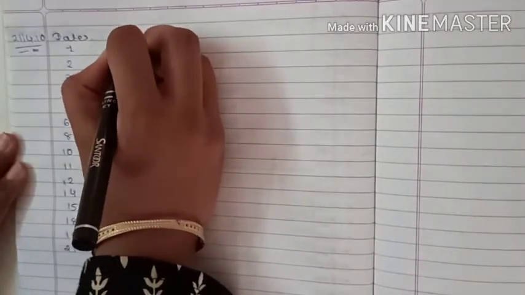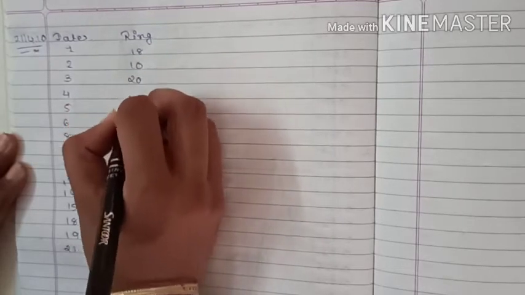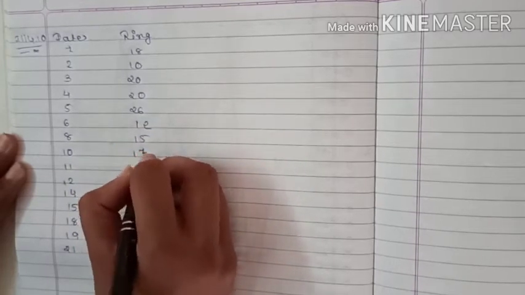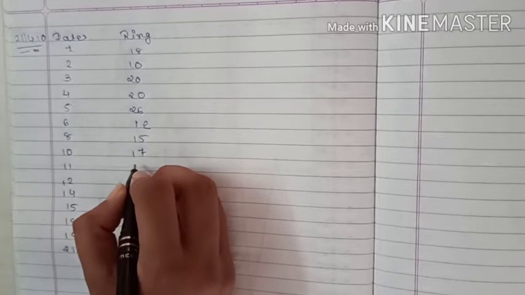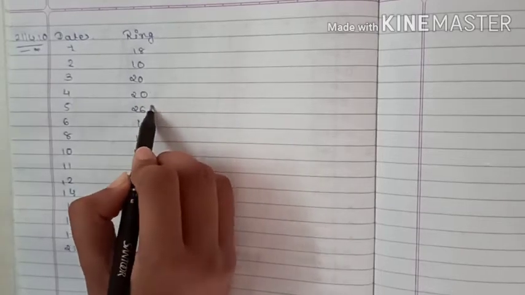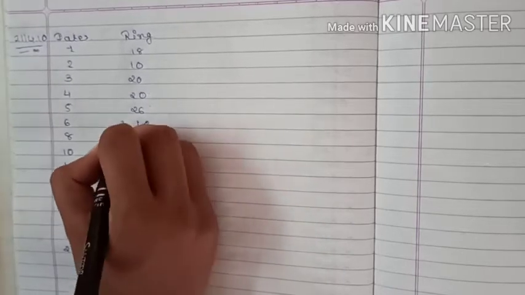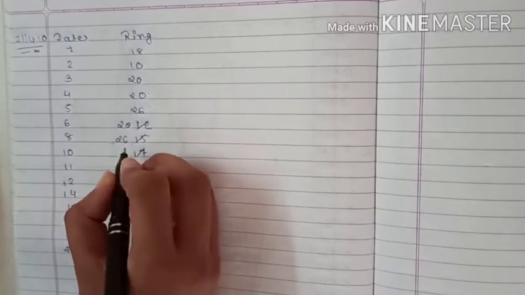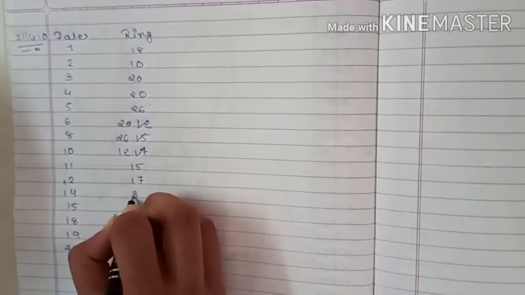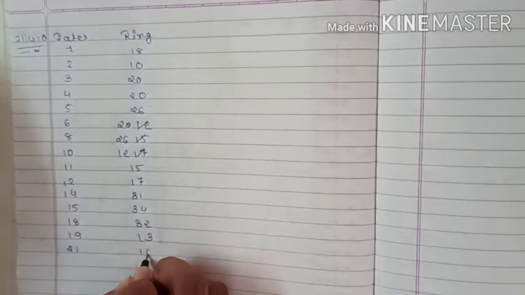Now, the defective rings are given: 18, 10, 20, 20, 26, 12, 15, 17, 31, 34, 32, 13 and 10.